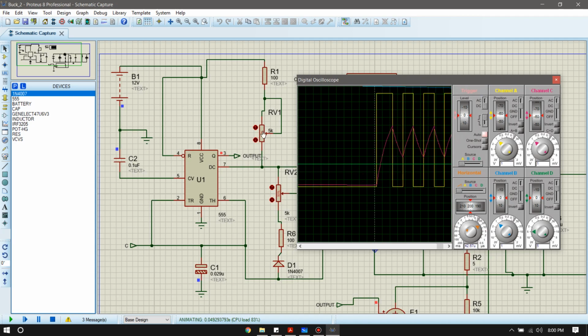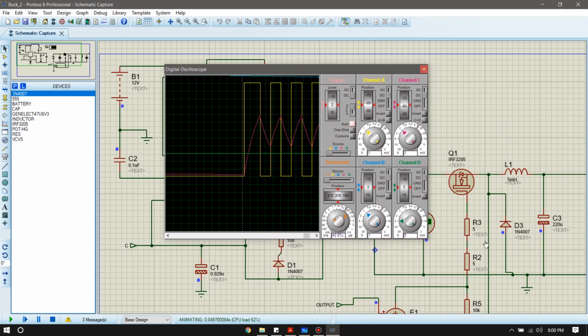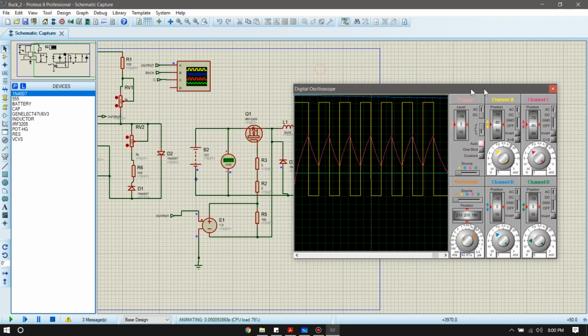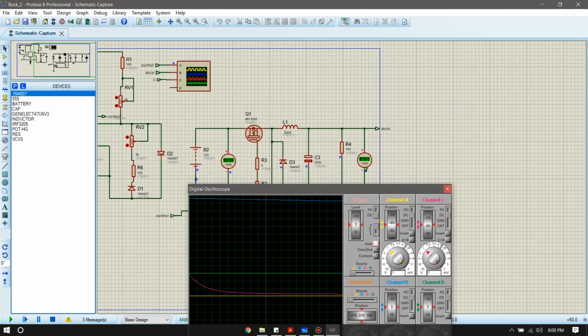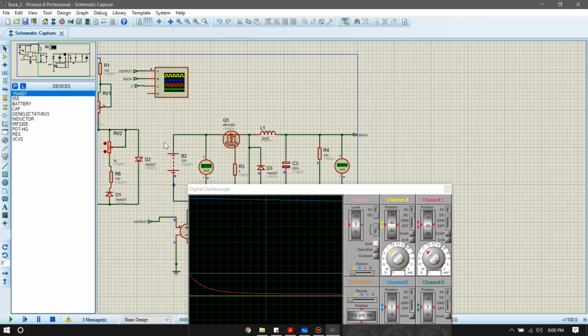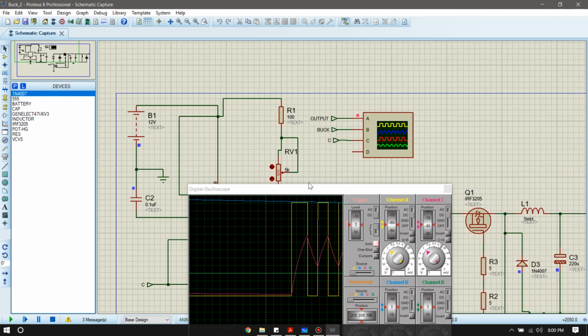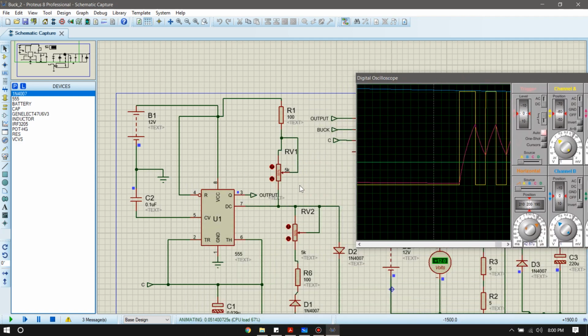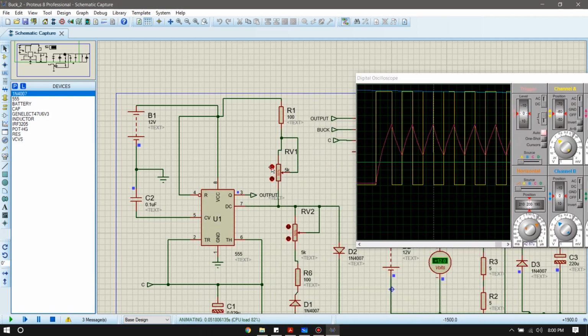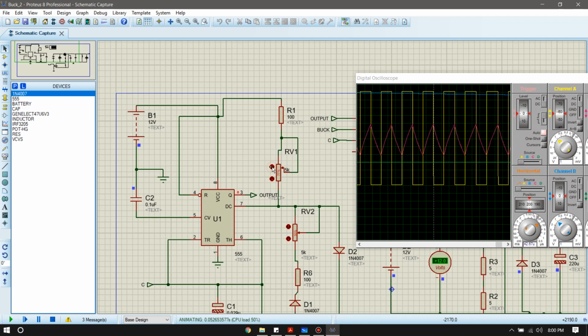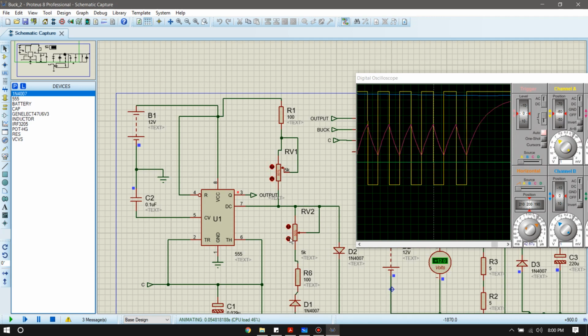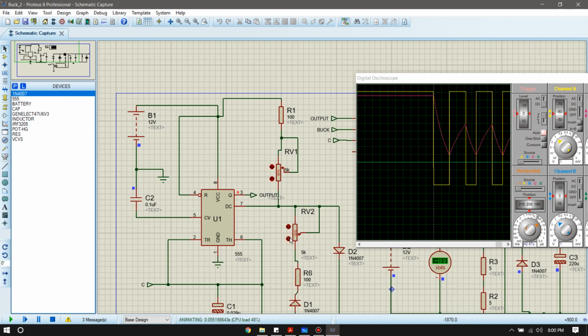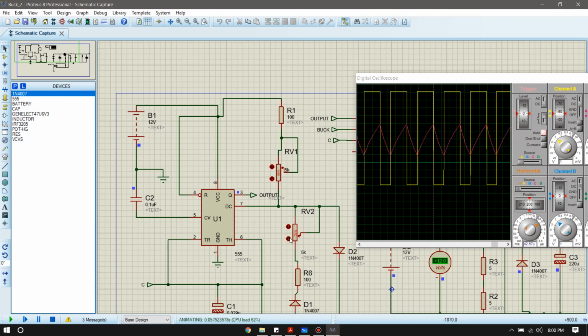Okay, so first of all, initially I think we're getting an output value of around 9 volts, right? So let's increase the duty cycle. How do we increase the duty cycle? We will increase the resistance of the charging path to, say, let's give it 80%, and let's reduce the resistance of the discharging path to 30%.